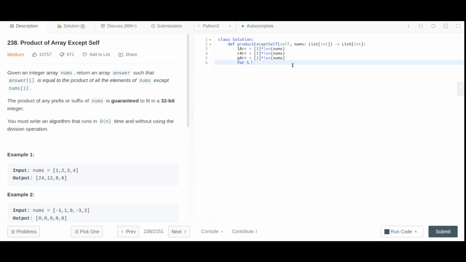Remember, we start from the second element and not the first element of nums, because we're calculating a cumulative product of the arrays.